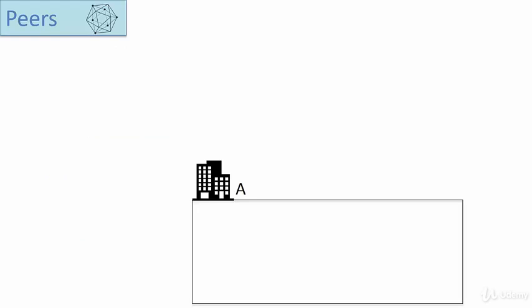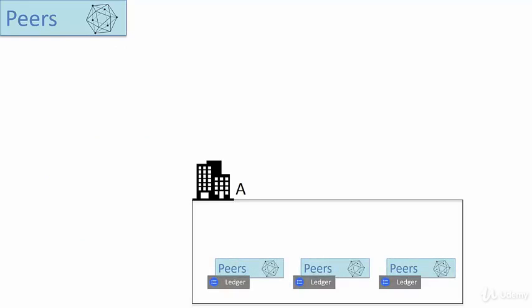Members in the blockchain network need to set up peers in their infrastructure for participating in the network. Here, for example, member A has set up 3 peer nodes. All of these peers need to be configured with the appropriate cryptographic material such as certificates and other information.